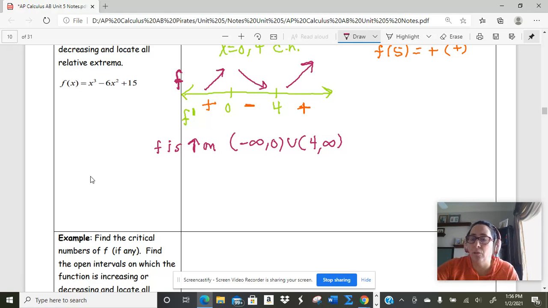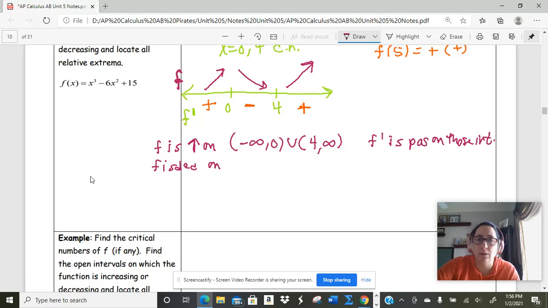And if they wanted to know why, we would say f prime is positive on those intervals. So f is decreasing on the interval from 0 to 4. And if I wanted to know why, f prime is negative on that interval.